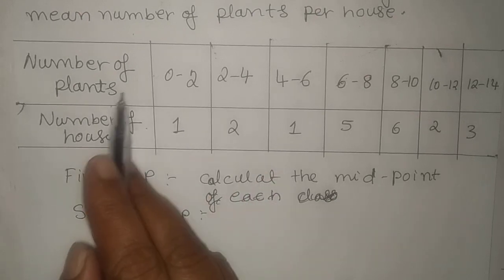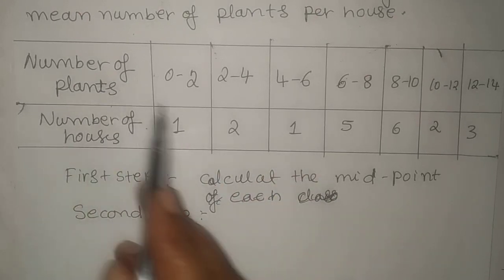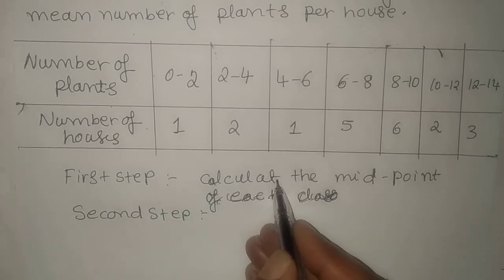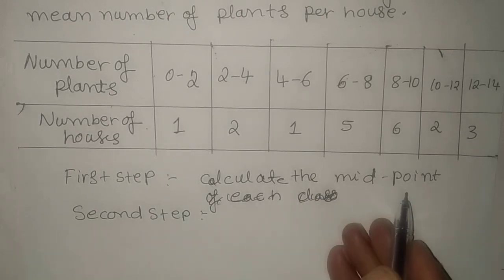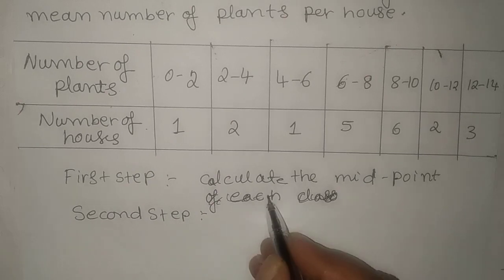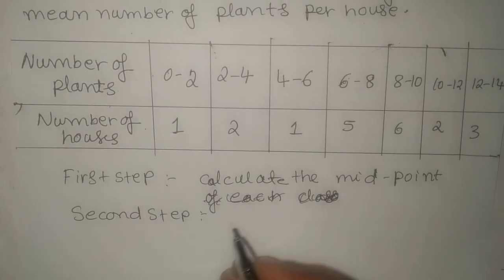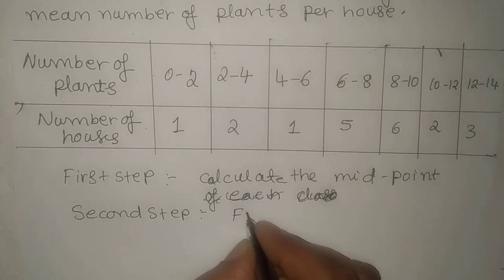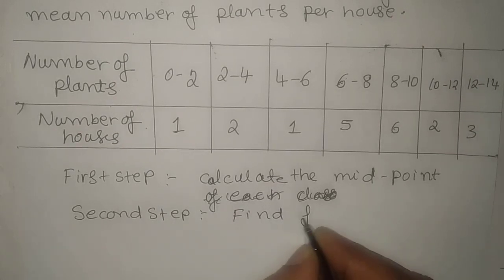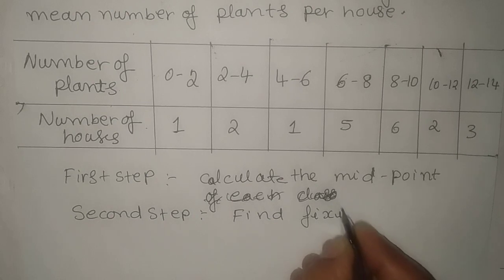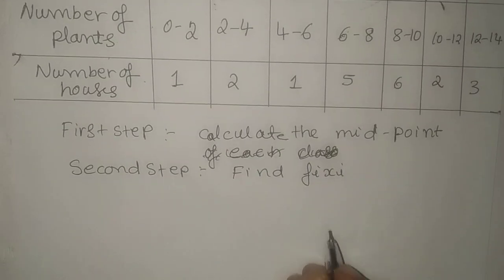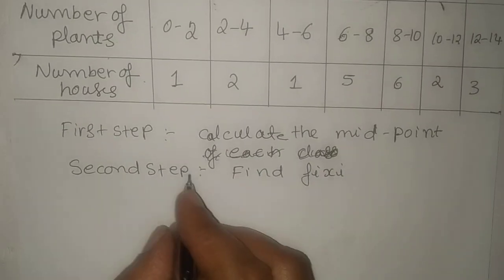So this is regarding the plants only, number of plants and number of houses. Second step: find Fi and Xi. And teacher, what is Fi and Xi? Find Fi Xi.